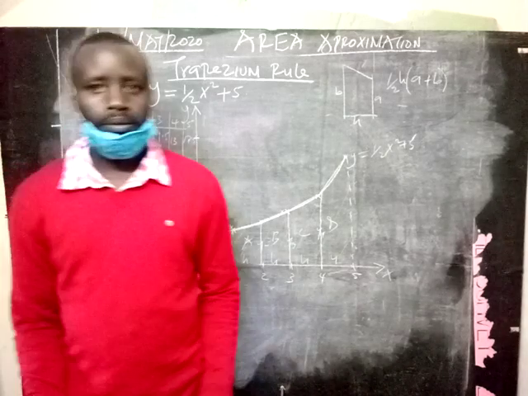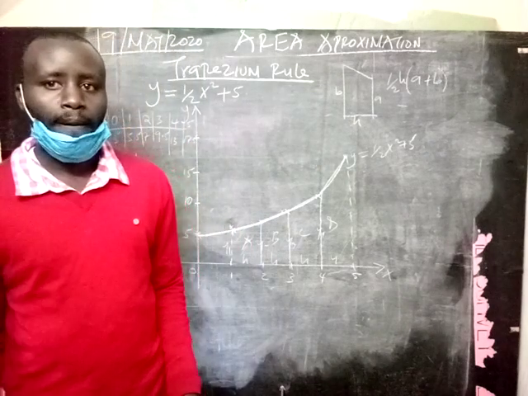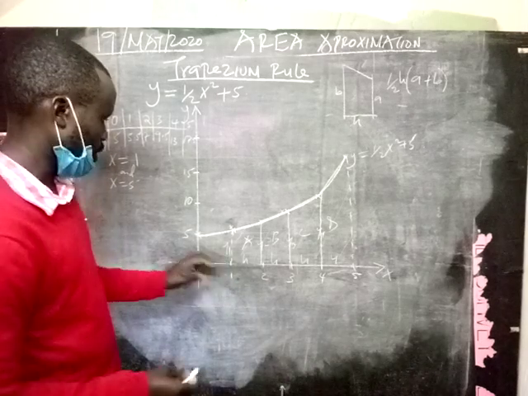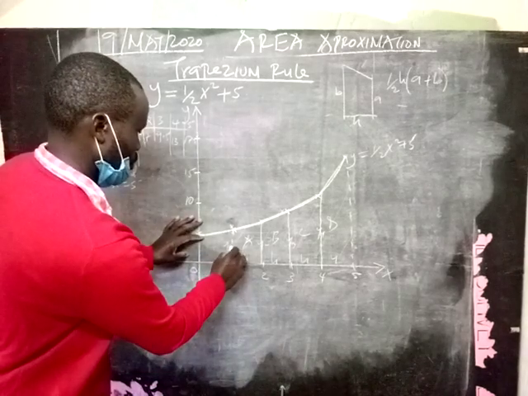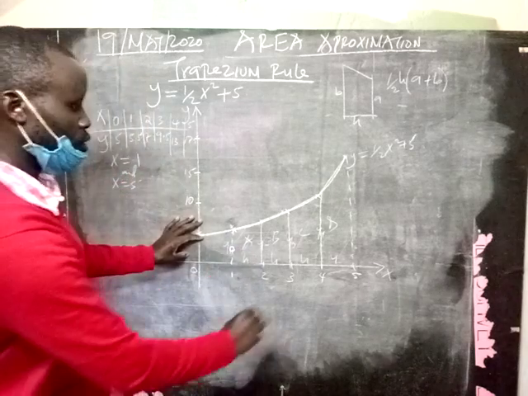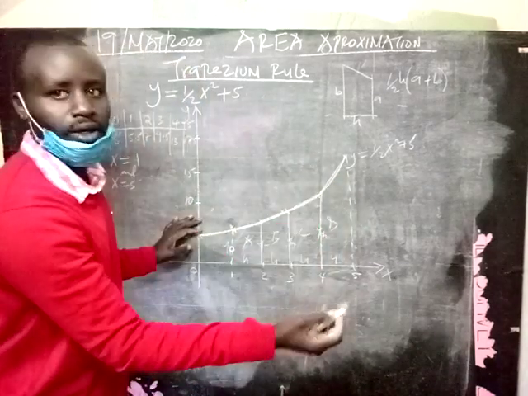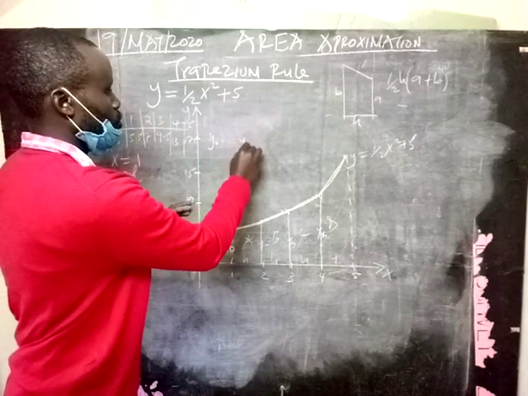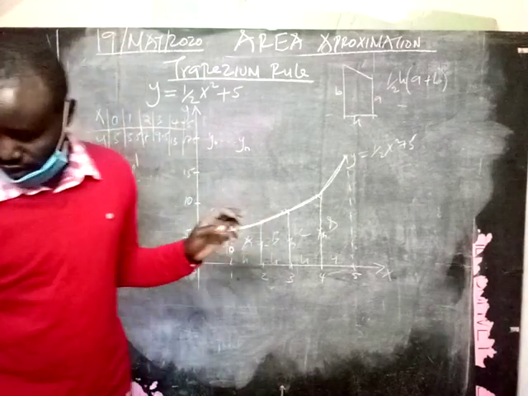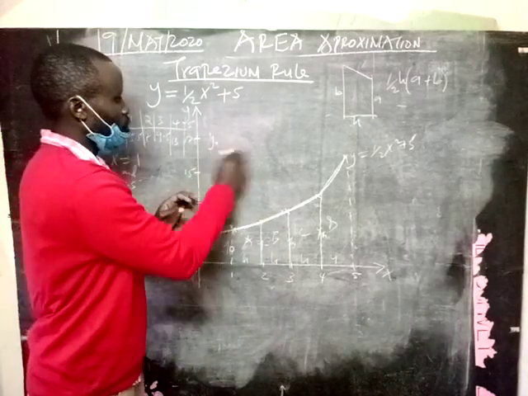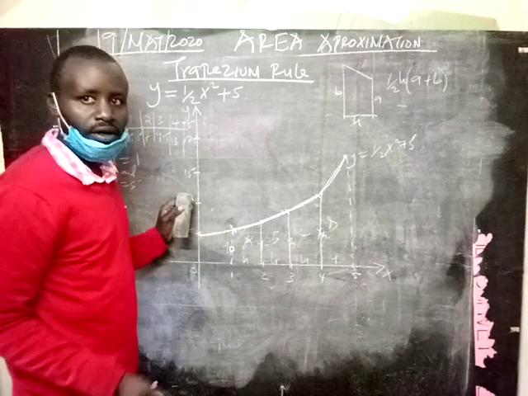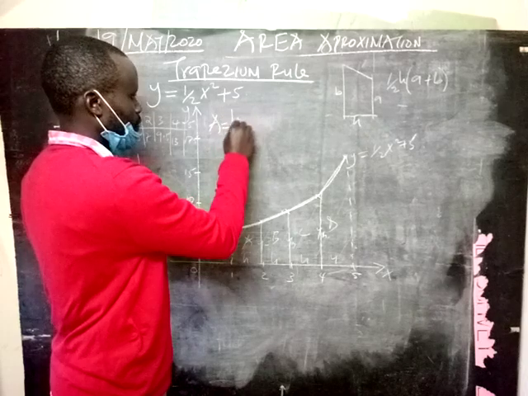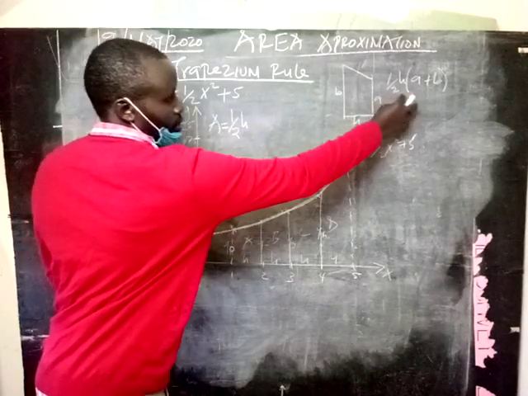We are going to combine all of them. This is the first value of y, and we can have it as y naught. Then this one is yn, the last one. So don't wonder what I'm going to write here. The area for finding this is going to be half the height, which is the same as that one.